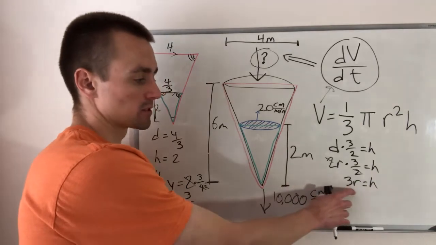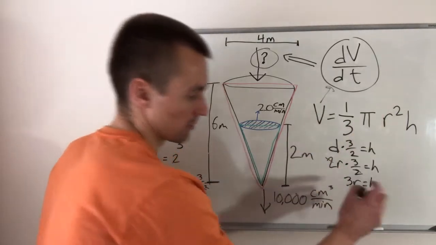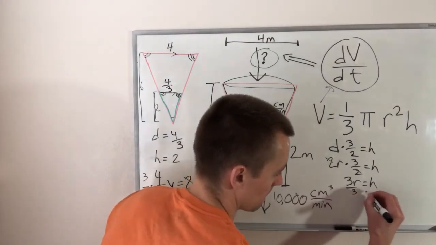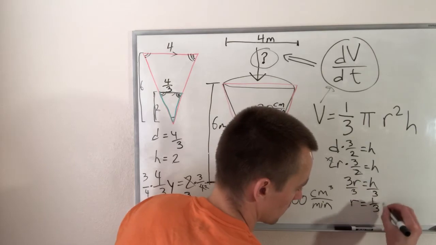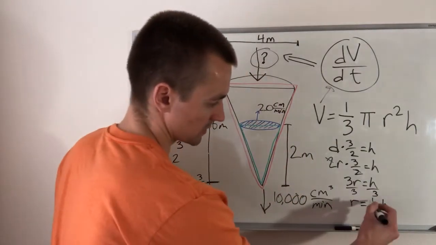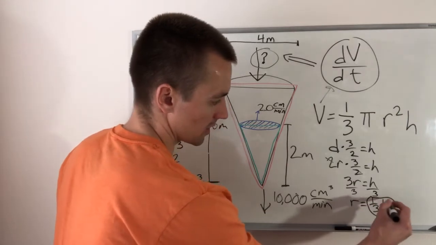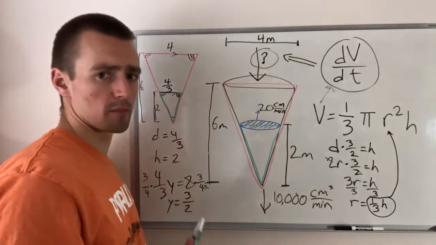But remember, we want to solve for r so that we can plug this in for our r here. So we want to divide both sides by 3. So r equals 1/3 h. Okay? So now if we take this 1/3 h, we can plug it in for r to get a better equation.